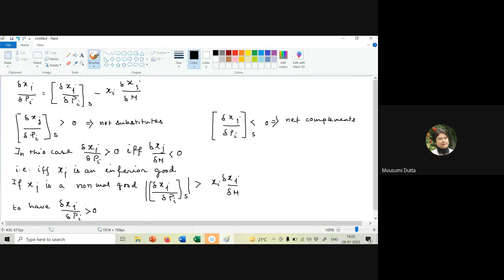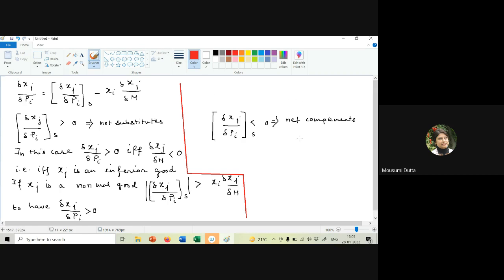The same similar kind of argument we will put to discuss net complementarity. Now, net complements indicate that this del xj by del pi is negative.